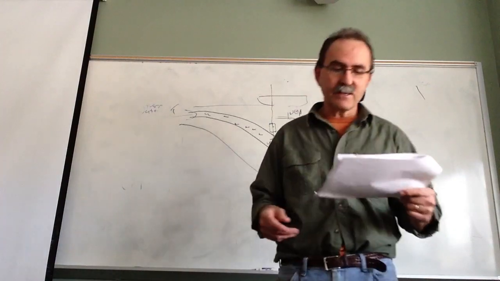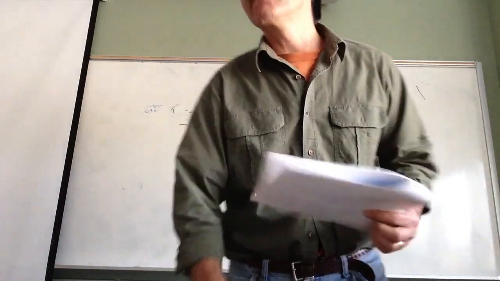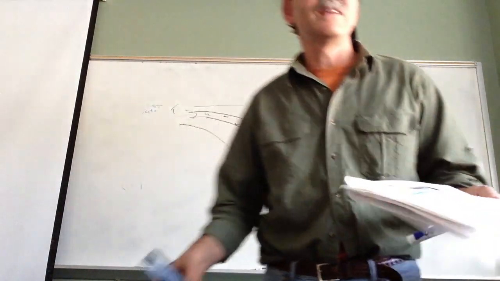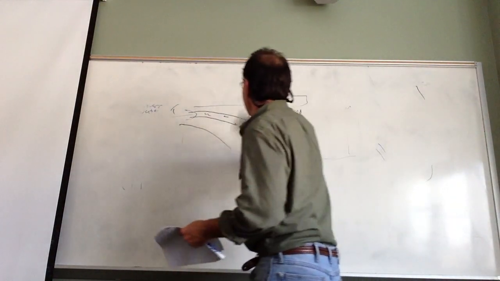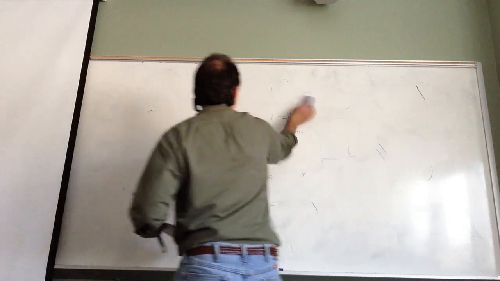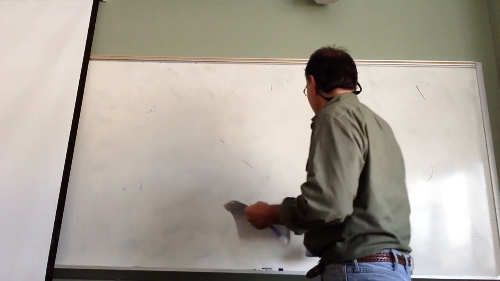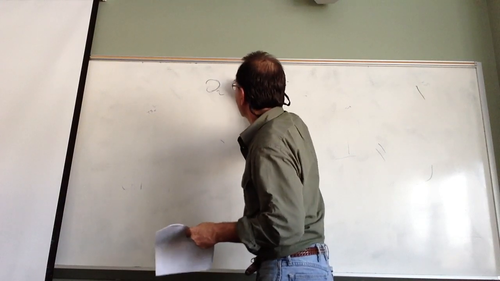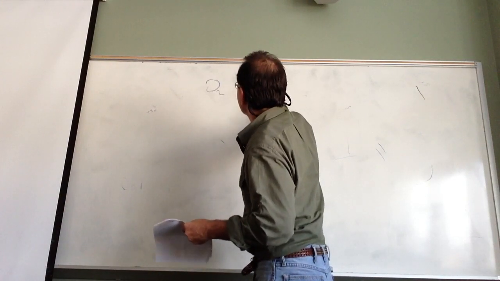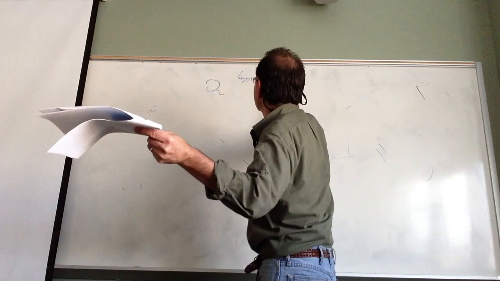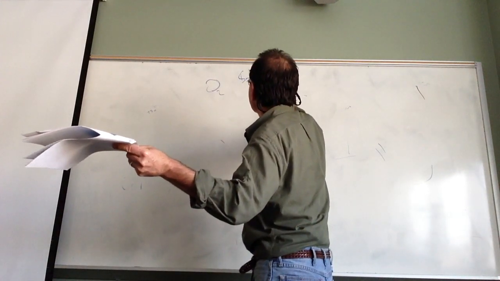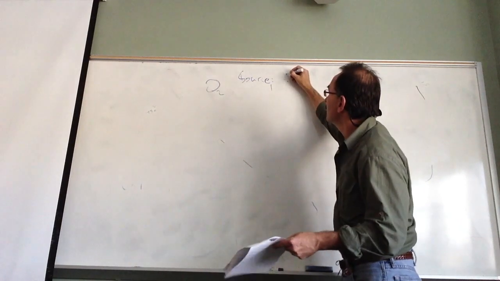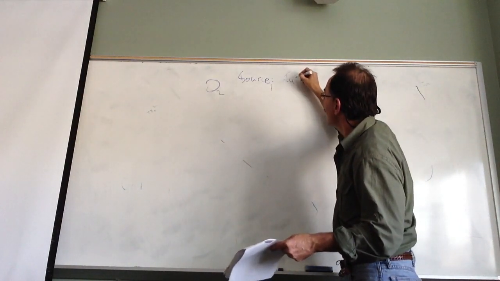All right, so let's look at major sources of dissolved oxygen. Well, you guys have been here before because that's what we did in the Streeter-Phelps model, right? So tell me 2 major sources of dissolved oxygen. Wind turbulence.